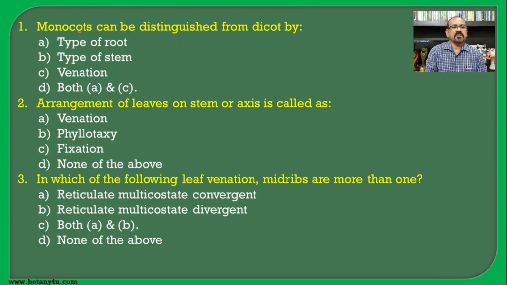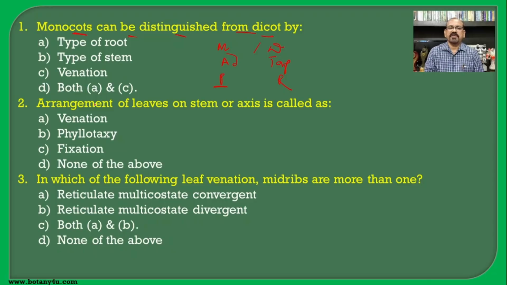The first question: monocots can be distinguished from the dicot. If you see the monocot and the dicot and find the difference between them, in monocot there is the presence of adventitious root system and in a dicot taproot system, then parallel venation in monocot and reticulate type of venation in a dicot.